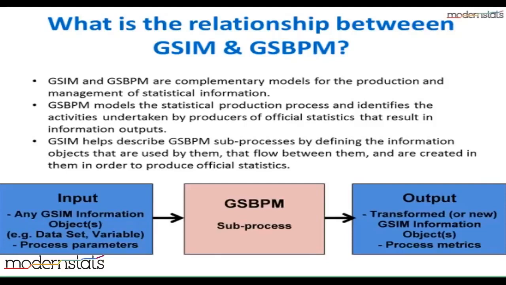So at the bottom of the slide, you can see the input being any GSIM information objects, for example, dataset, variable and process parameters. These are then input to the GSBPM sub-process, which then creates an output which can be transformed or new GSIM information objects and produces process metrics.